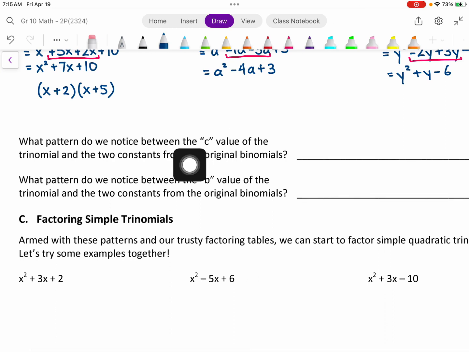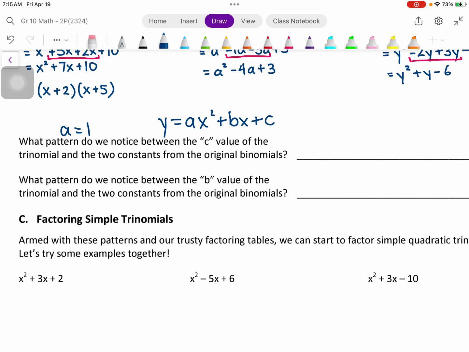So our c value, remember, we have y equals ax squared plus bx plus c. And right now we're talking about when a is equal to 1, so we don't have a number in front of our x squared.